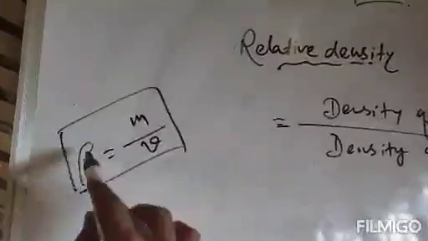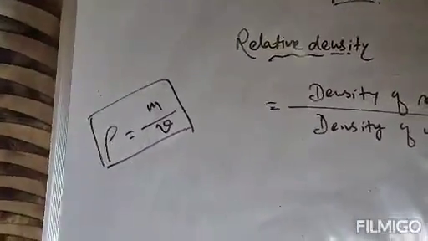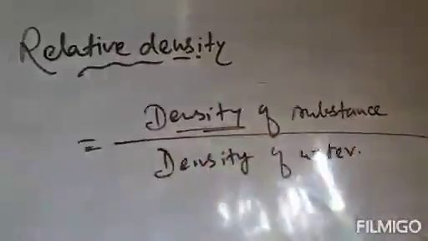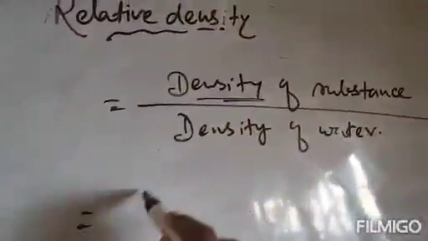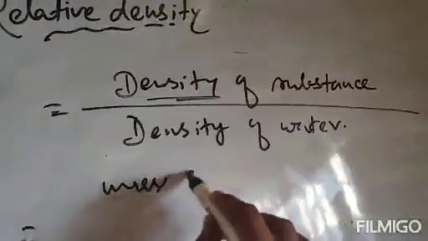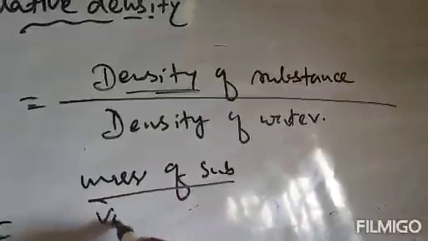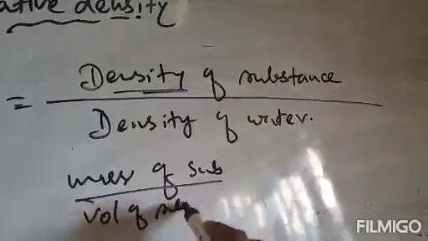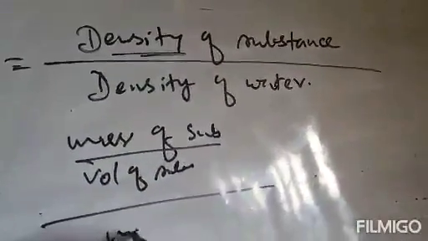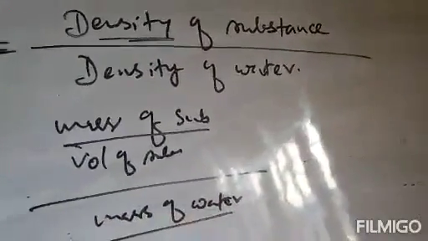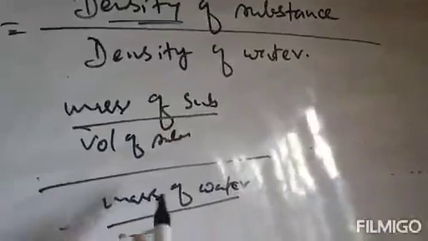So you can replace the density here: mass of substance divided by volume of substance, divided by mass of water divided by volume of water.